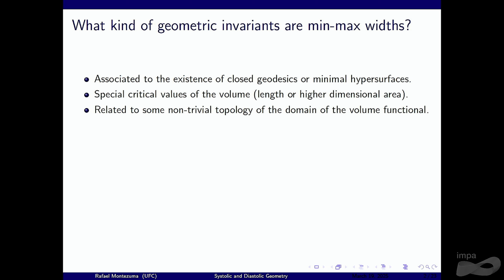And so this implies that they are related to some special critical values of the volume functional of codimension 1 objects. And they are related to constructions associated to some non-trivial topology of the space of codimension 1 objects.